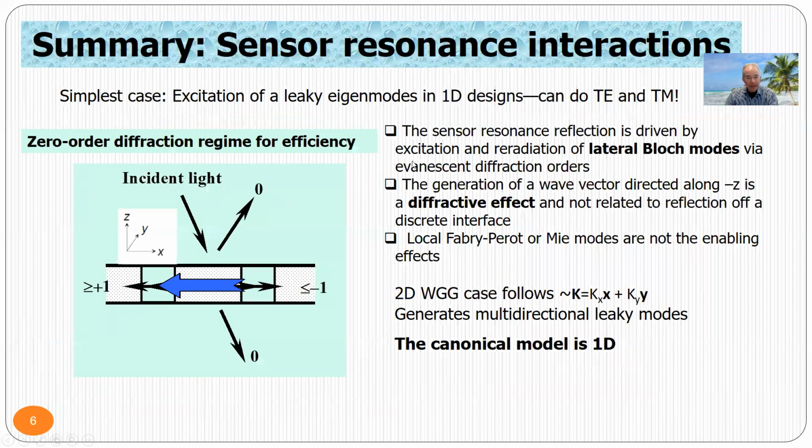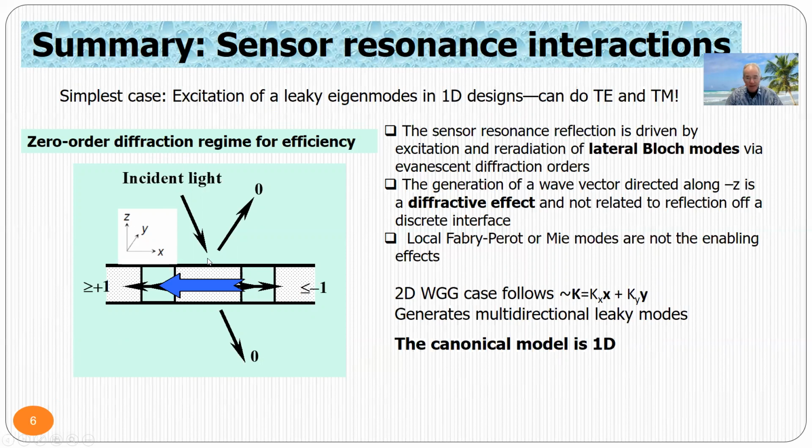So in summary, the simplest case is the one-dimensional structure, the leaky eigenmodes that occur in 1D designs. And the good thing about 1D sensors is that we can support these discrete TE and TM resonant modes if unpolarized light is incident upon the device.